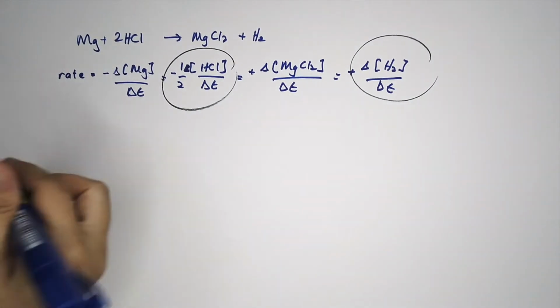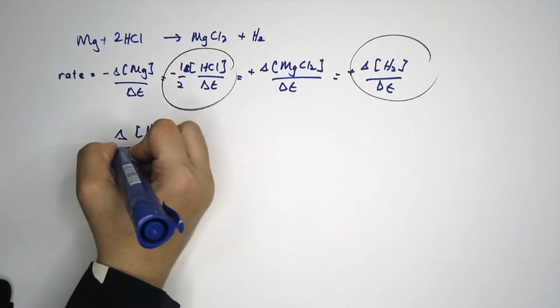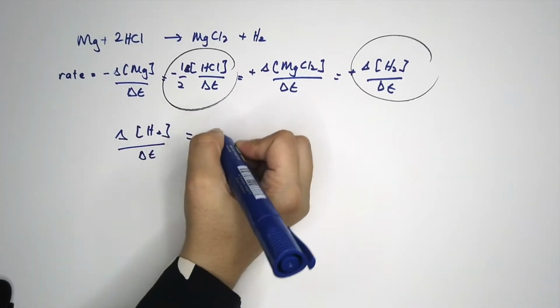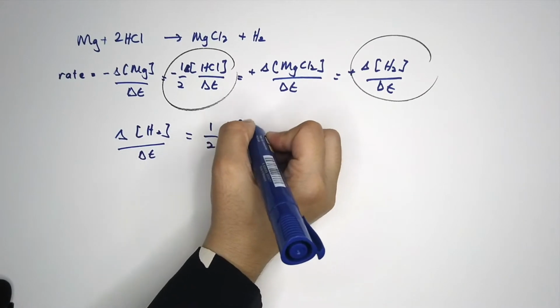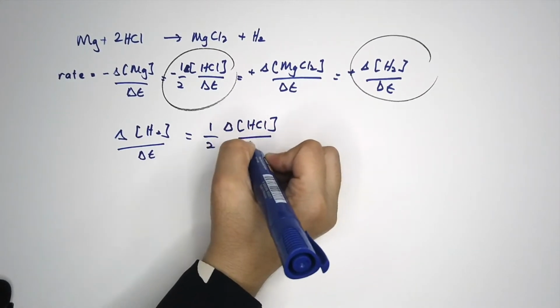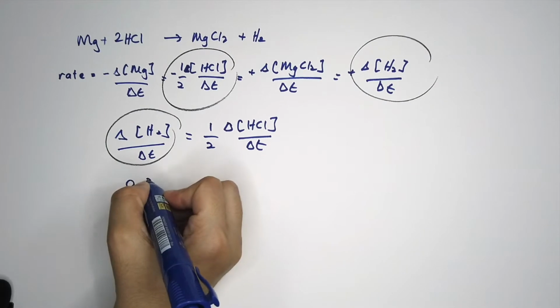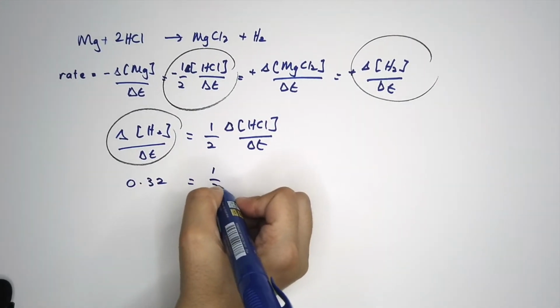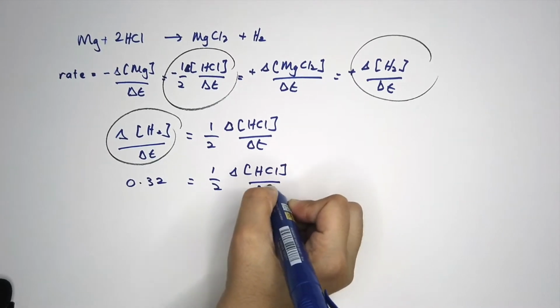It means that delta H2 over delta T is equivalent to 1/2 delta concentration of HCl over delta T, whereby this, 0.32 given in the question, is equivalent to that.